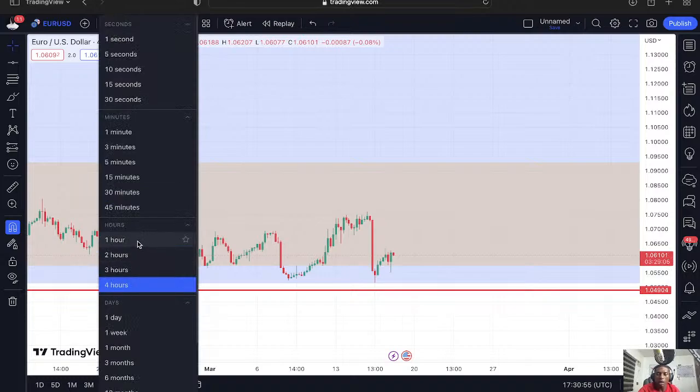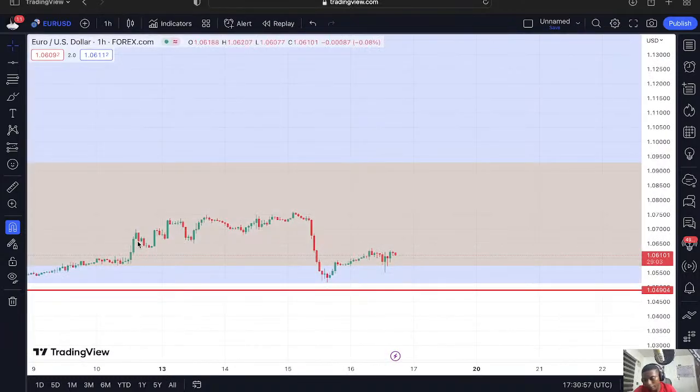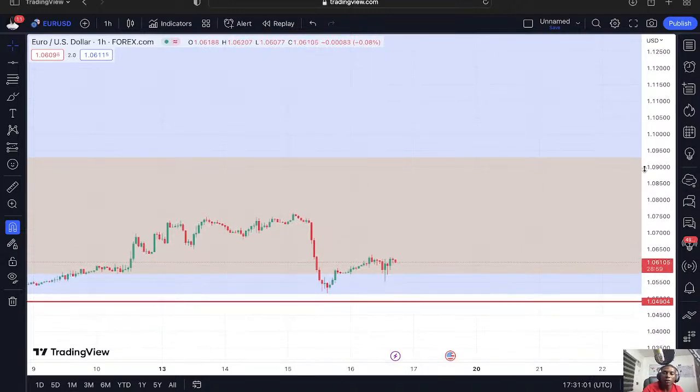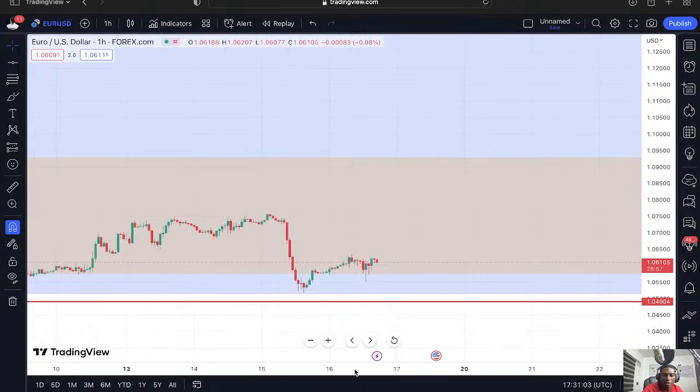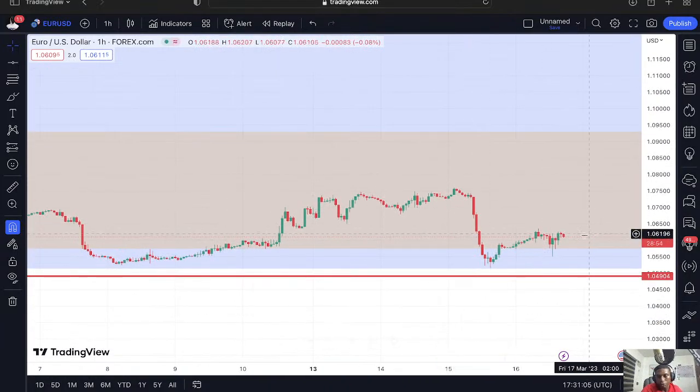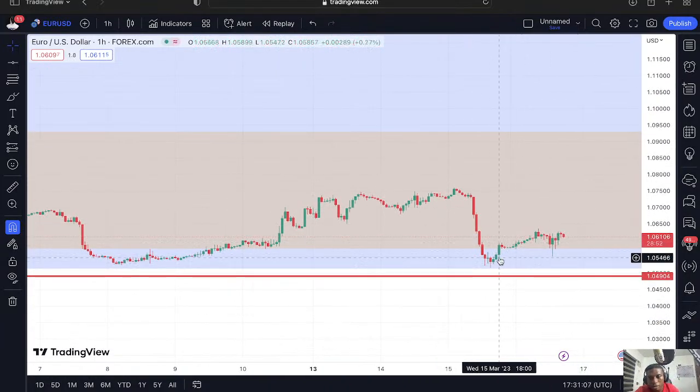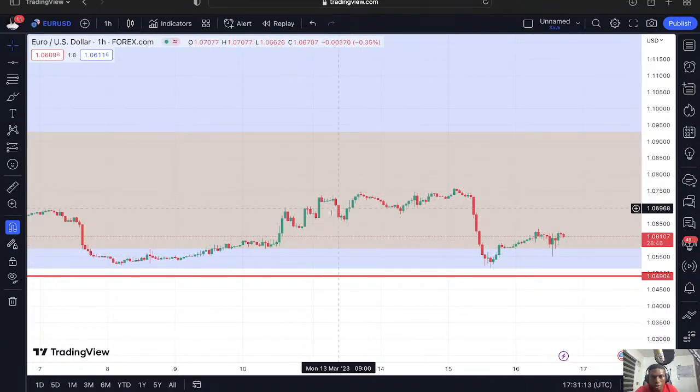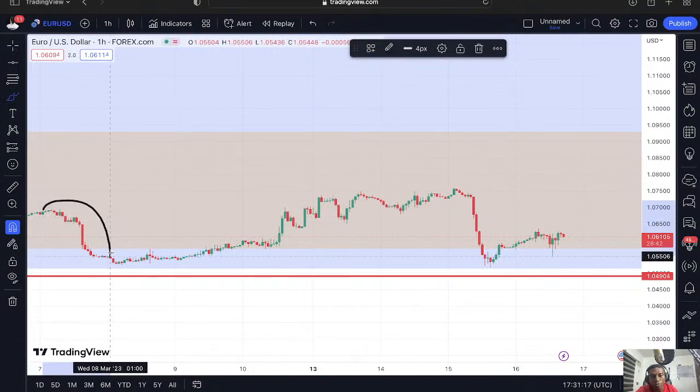Let's look at the 1 hour time frame. Good. So looking closely at the 1 hour time frame, you can see how price moved from here. Follow my hand movement.